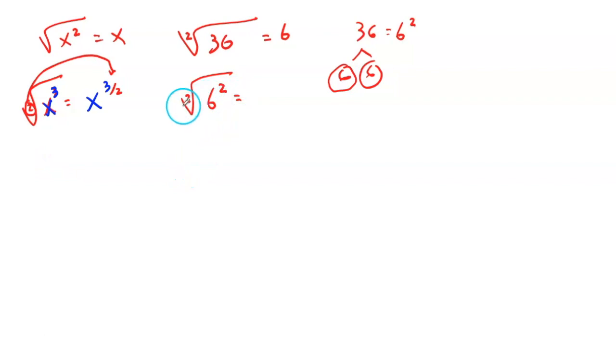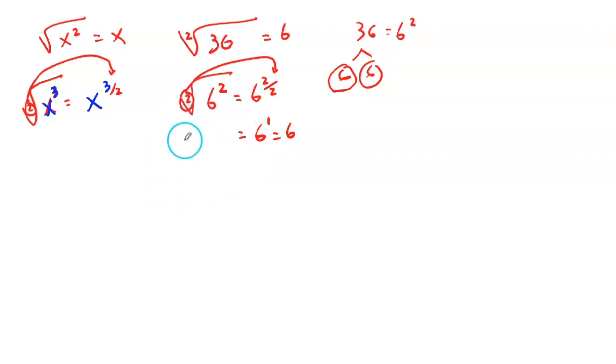Here, square root of 6 squared is 6 squared, and my index comes dividing my exponent. 2 divided by 2 is 1, and 6 to the first power is 6. And that's why square root of 36 is 6.